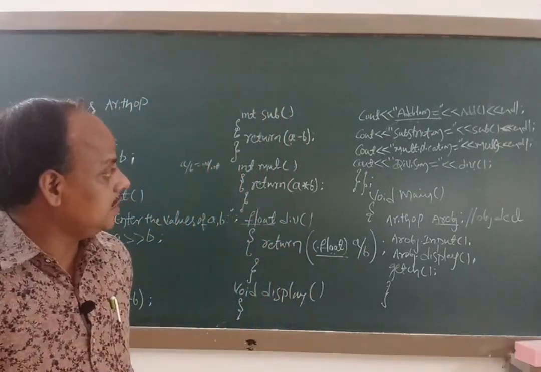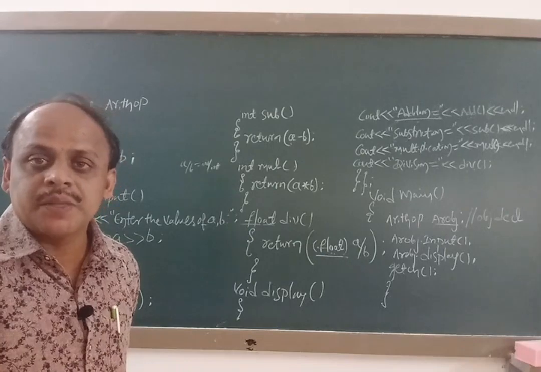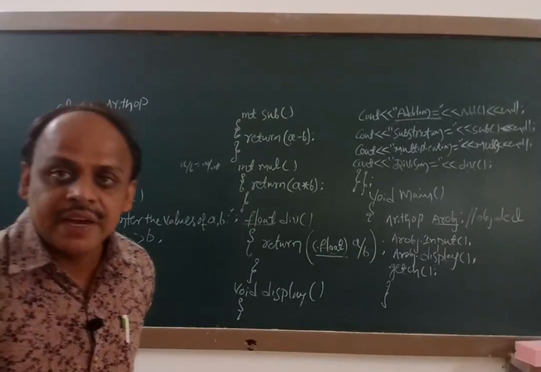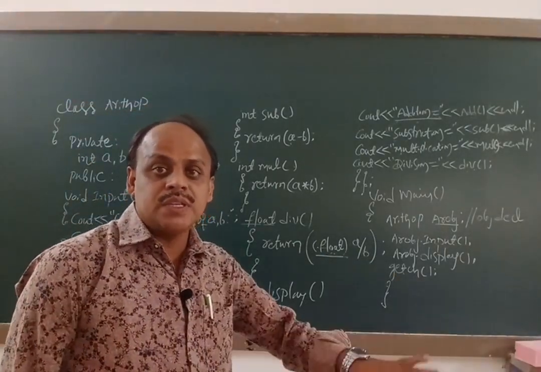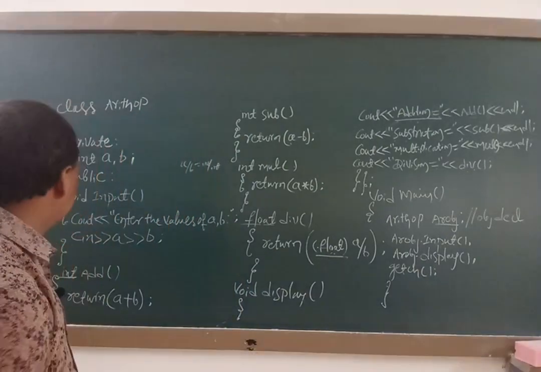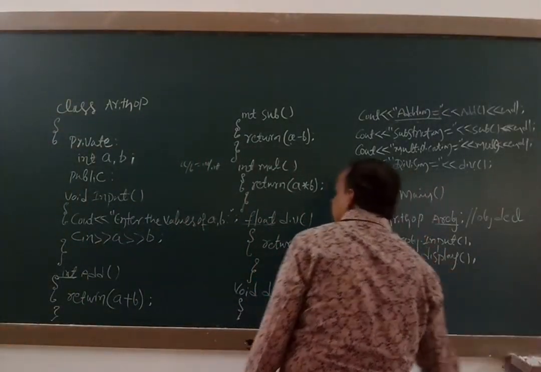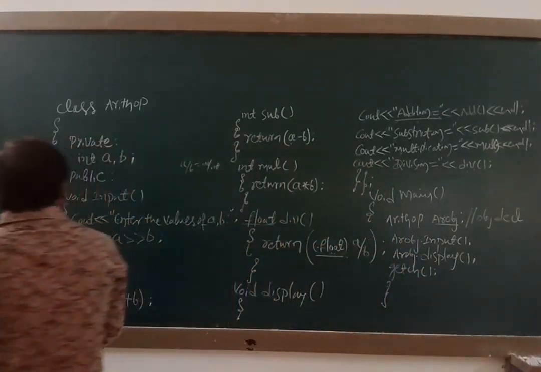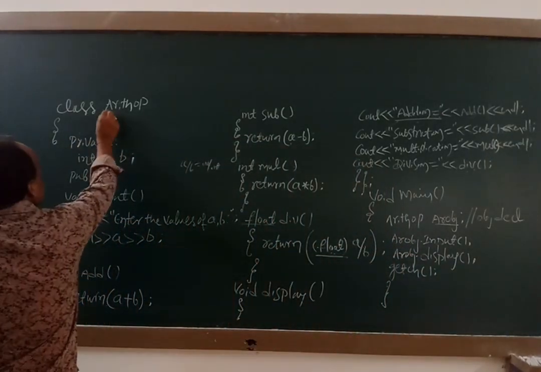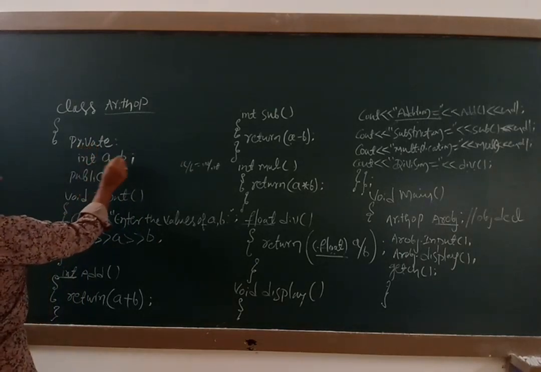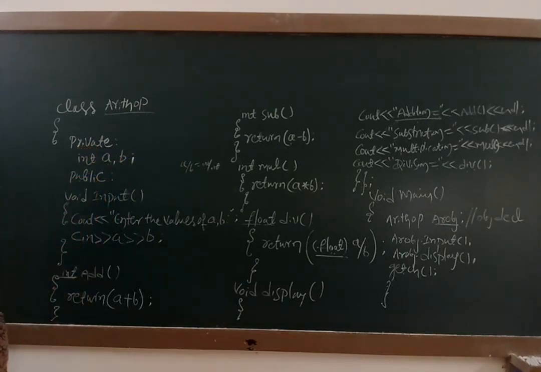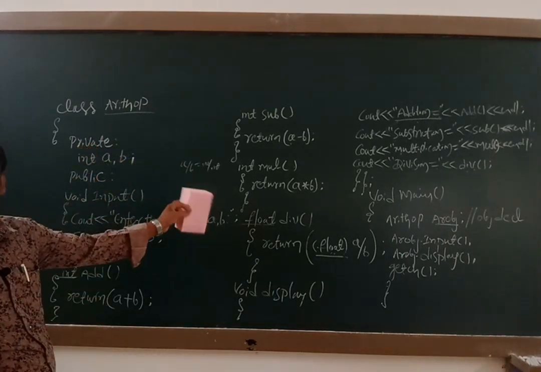Now let us see how to perform same arithmetical operation by defining member function outside the class. Let us see here. So what change do we have to make here? We have to consider same class. In private, write a, b. Public, in public we have to declare all these 5 functions.